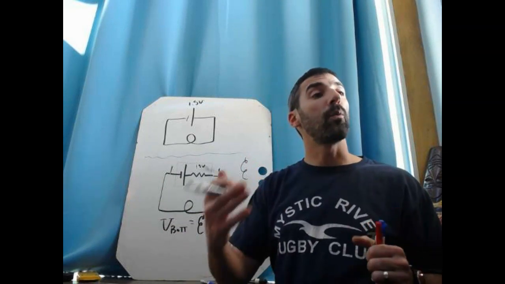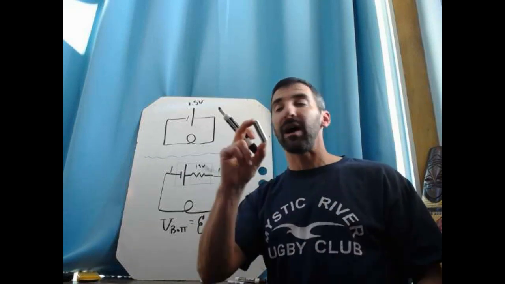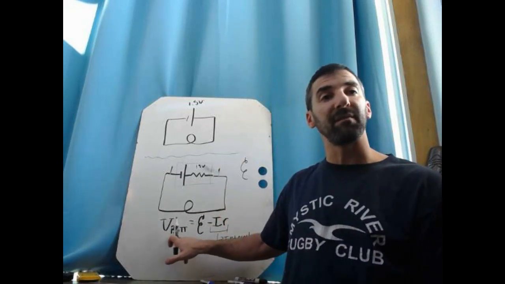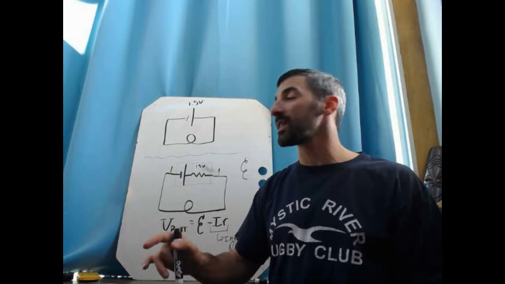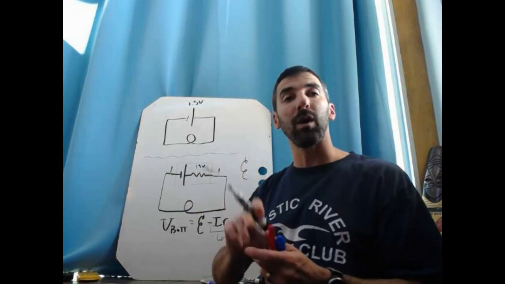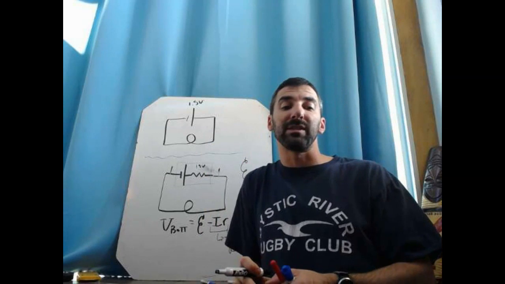Now, if I really wanted V battery to be 1.5, my EMF would have to be slightly higher than that, such that I can measure 1.5 volts after accounting for that internal resistance.